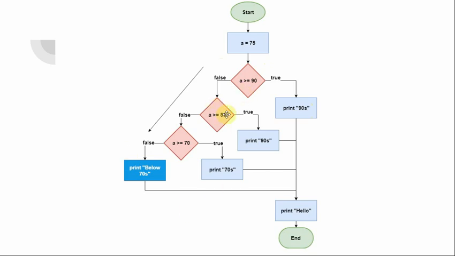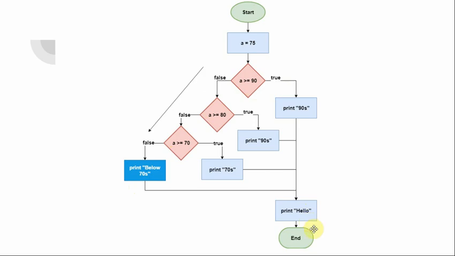But as soon as any one of them is true, we go straight to print hello and don't proceed further. If this fails, we go to the next check: if true here, otherwise here. And eventually we have print below 70, which is an else condition. Otherwise we go straight to hello and end the program.